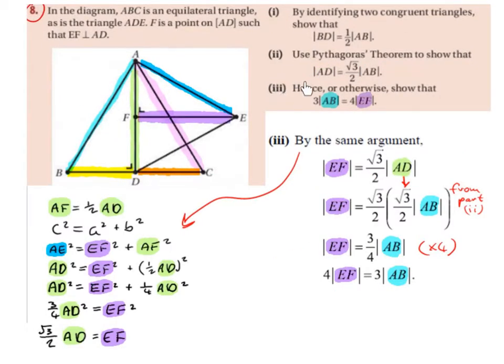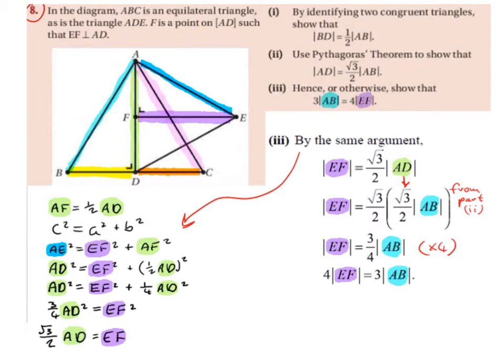Part 3. Hence or otherwise show that 3AB is equal to 4EF. By the same argument, AF is equal to half AD.